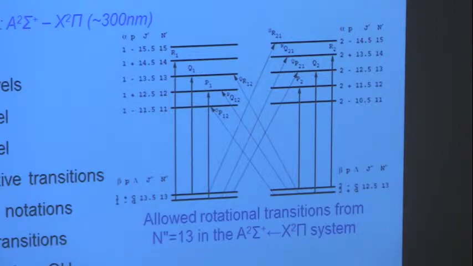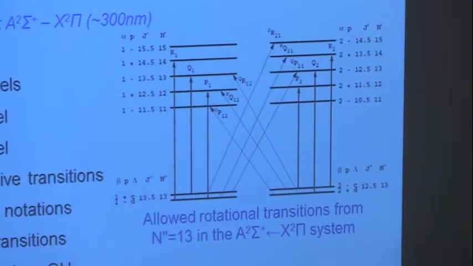So they're weak, but they're possible. So there are 6 strong lines from a given n. Therefore there's going to be that many branches to consider. So that's all because of lambda doubling. If the lambda doubling hadn't been there, we'd have a much simpler picture.